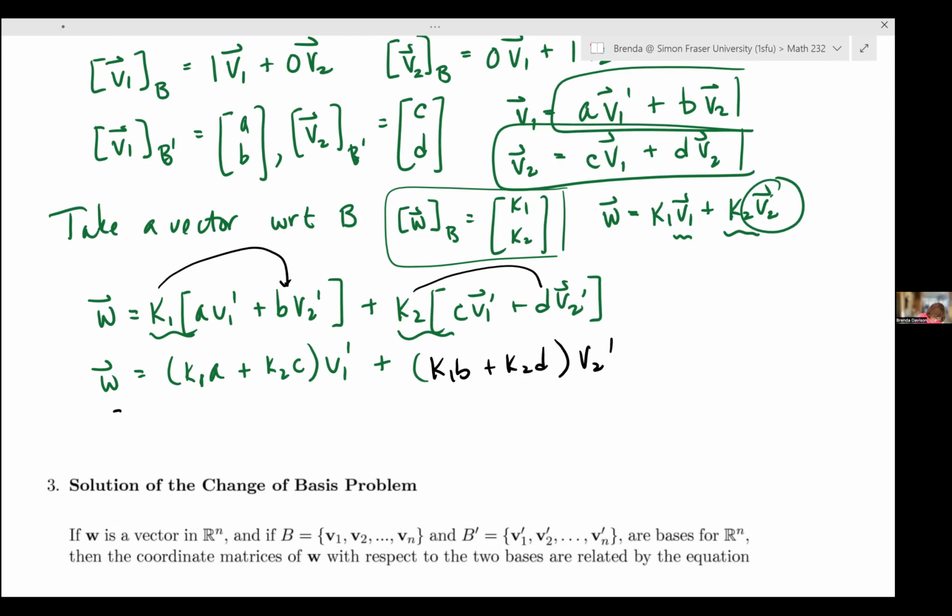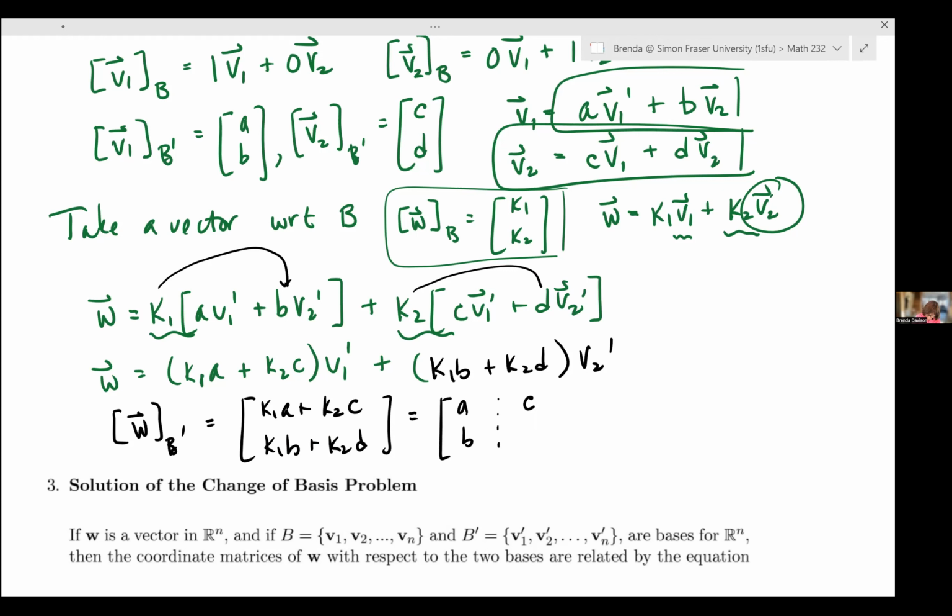So that means that the vector W with respect to the new basis is K1A plus K2C, and K1B plus K2D, which we can factor in this following manner: the matrix with A, B, as columns, multiplied by K1, K2. I'm just making it obvious that I'm thinking of these columns as being important. And that, in fact, is these numbers A, B, C, D.